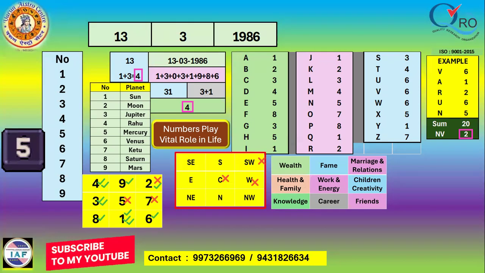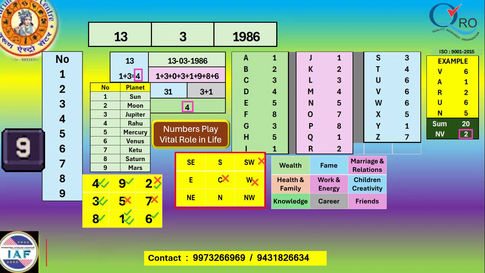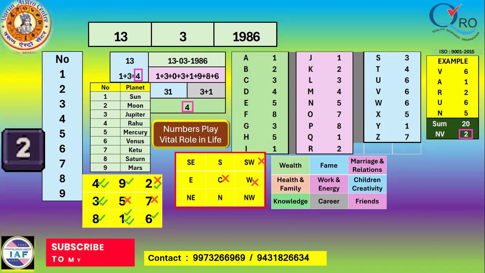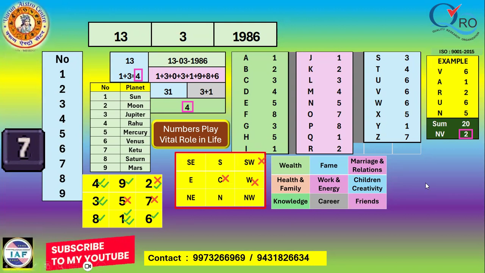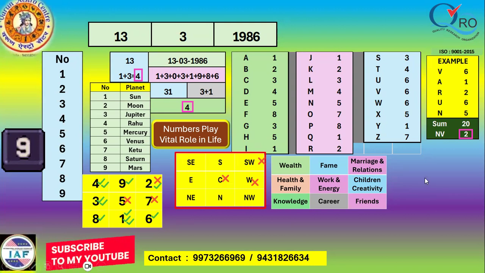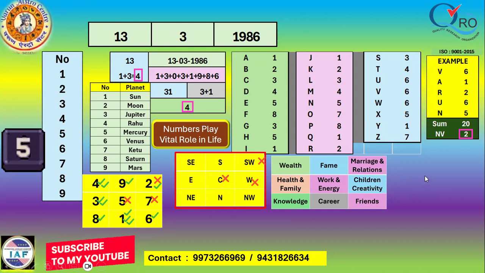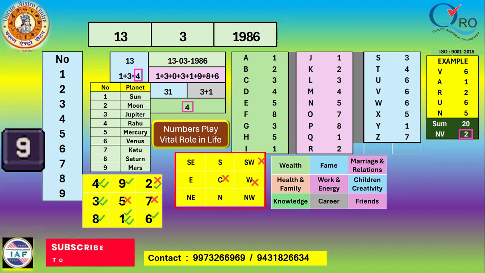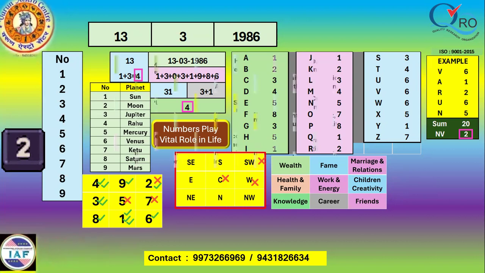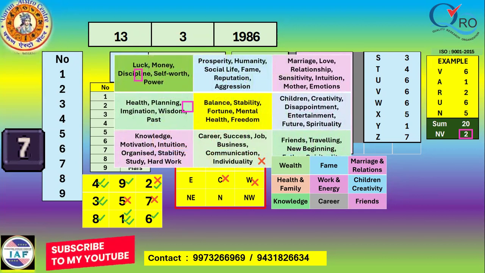And the native may have wonderful friends. So all these boxes indicate the effect of the availability and non-availability of missing numbers and repeating numbers. So in a broader sense, these are the effects of the numbers.